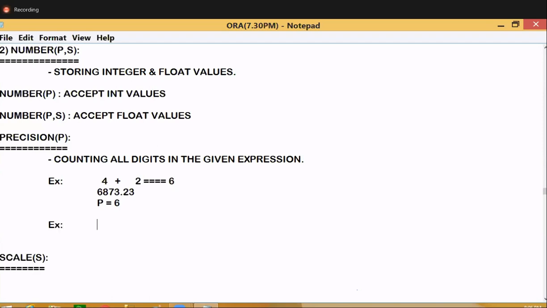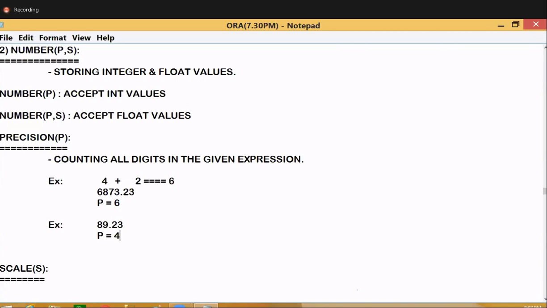If I'm giving one here, what is my precision? My precision is 4. The point's left side has 2 digits and the right side has 2 digits, total 2 plus 2, 4. So this is what we call precision. That's why precision is nothing but counting all digits in the given expression.